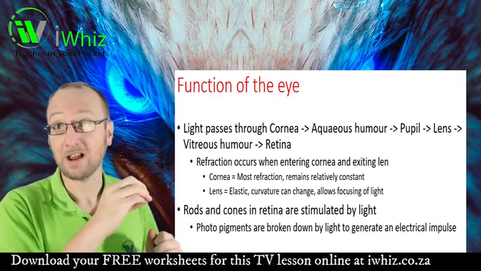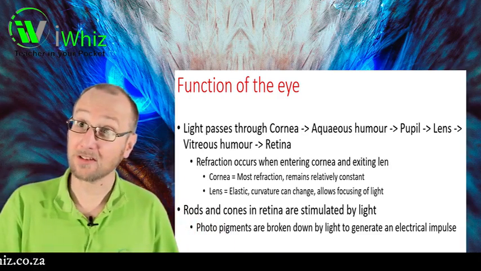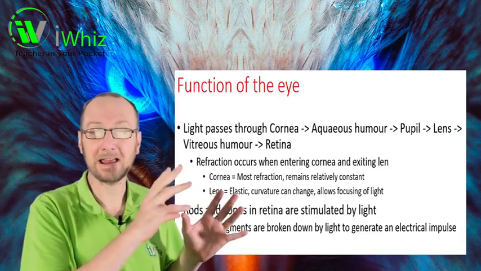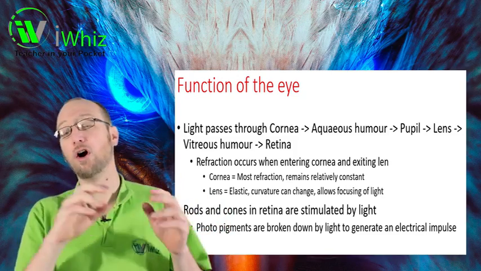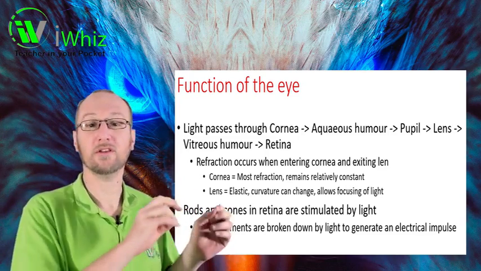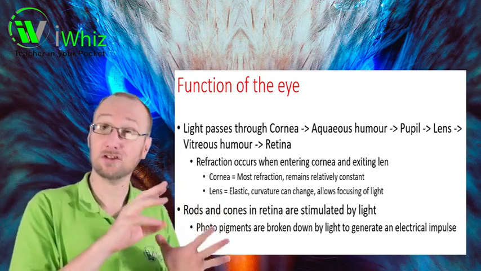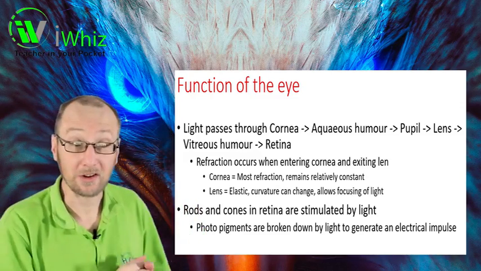The lens helps to refract the light so that a clear image will form on the retina. So after passing through the lens, the light then travels through the vitreous humor and eventually forms a clear image on the back of the eye where the retina is.